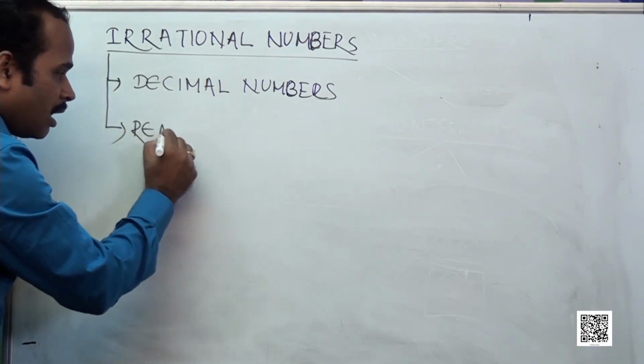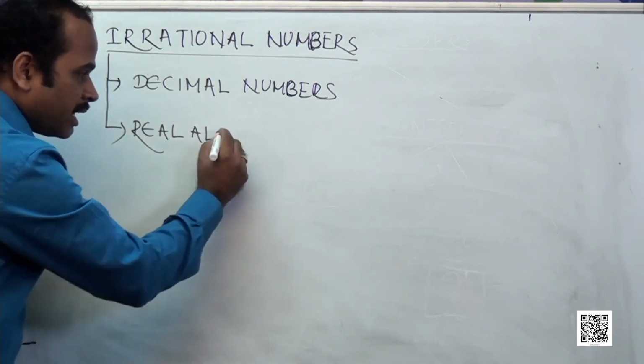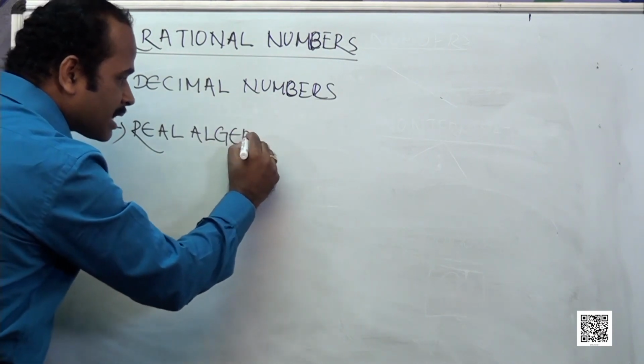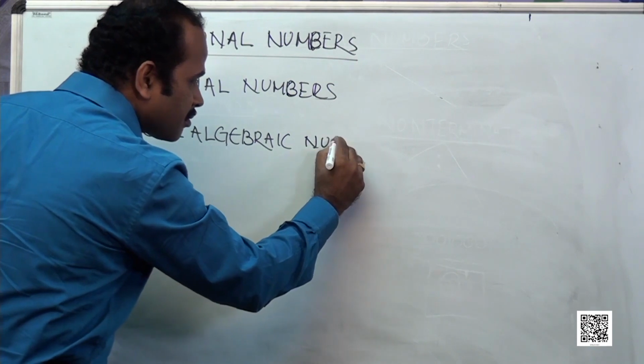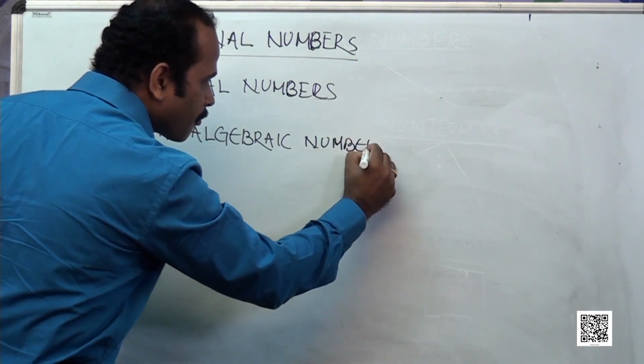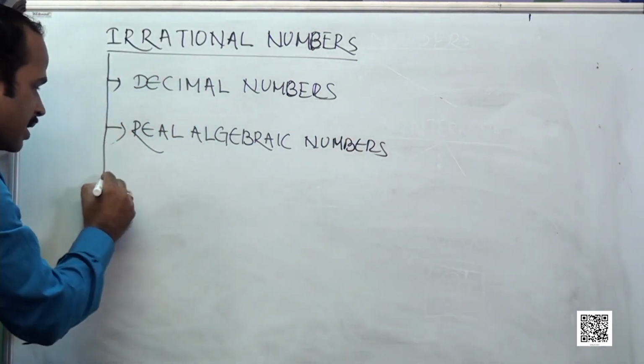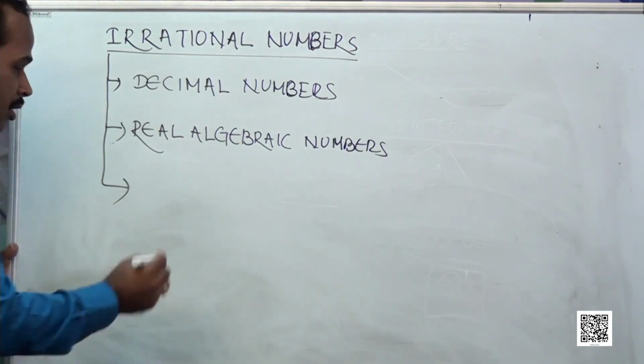It is called real algebraic expression. I will show the example of how these are real algebraic numbers or expressions. Or sometimes it is called transcendental or symbolic forms.